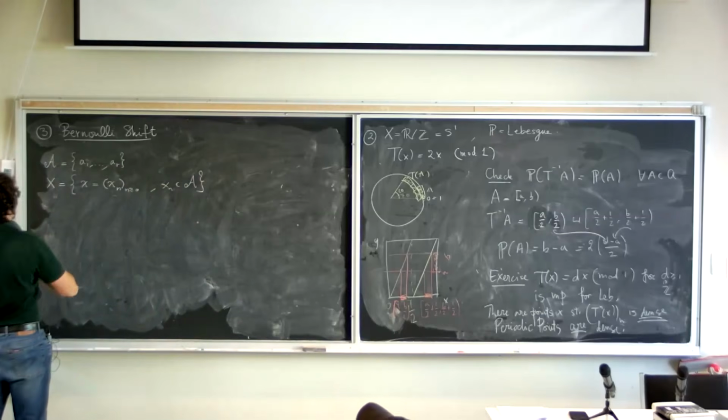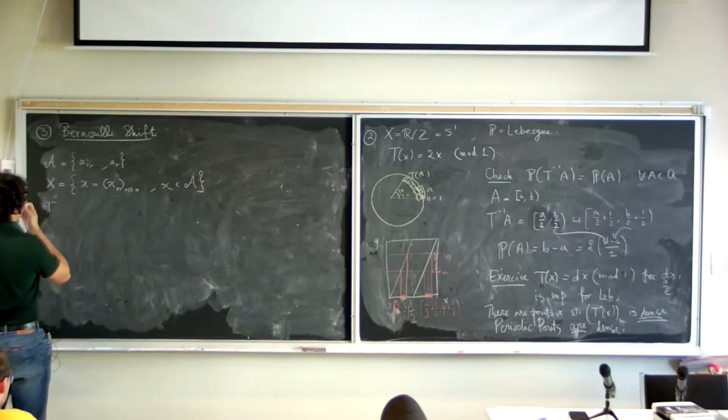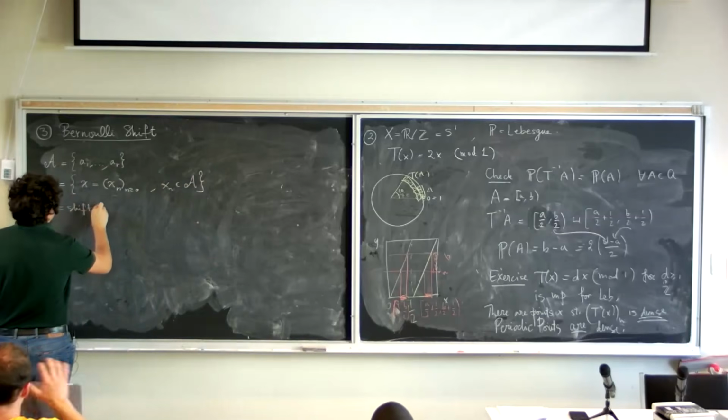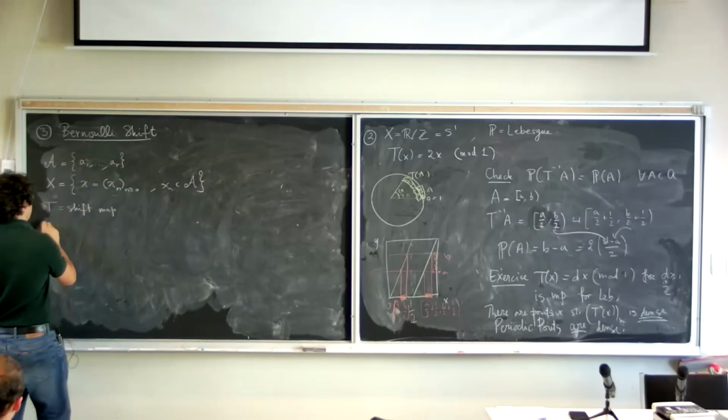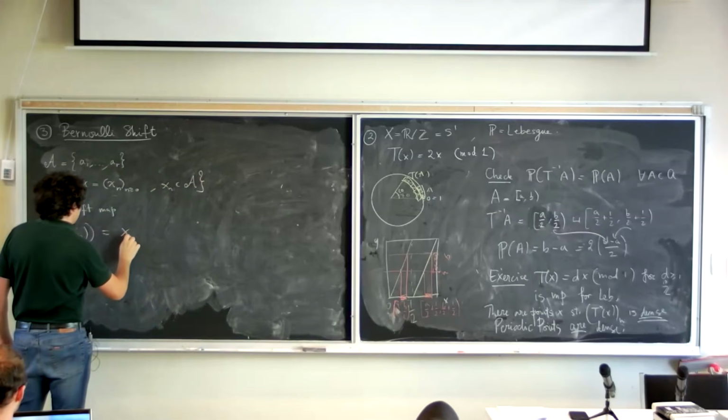And what is the dynamics here? Well, the dynamics here is a shift map. So T is the shift map. T of a sequence x_n is x_{n+1}.